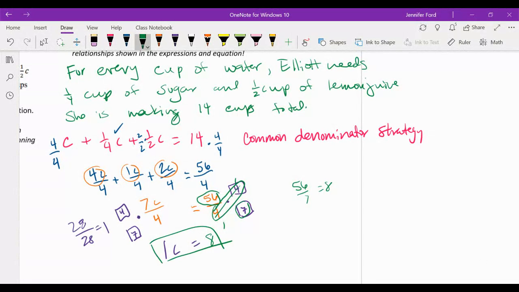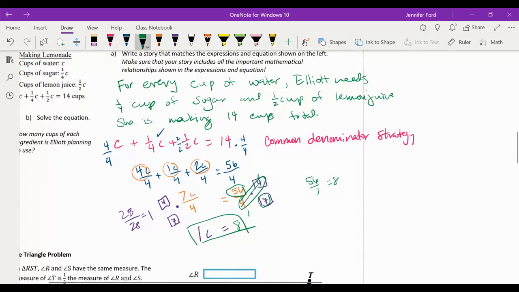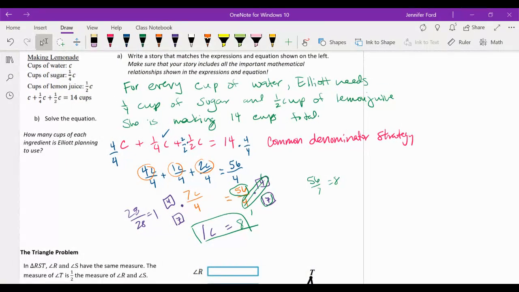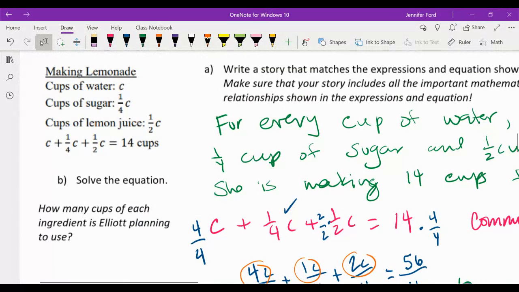And then at this point, you need to go back to your expressions. We see that cups of water, C, is 8. So I'm going to need 8 cups of water. Cups of sugar is 1/4 C. So 1/4 of 8 is 2. I need 2 cups of sugar.